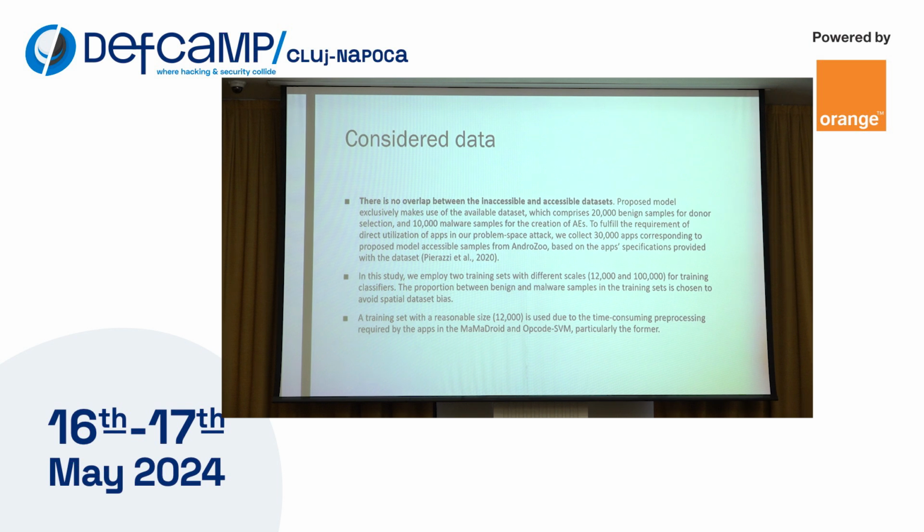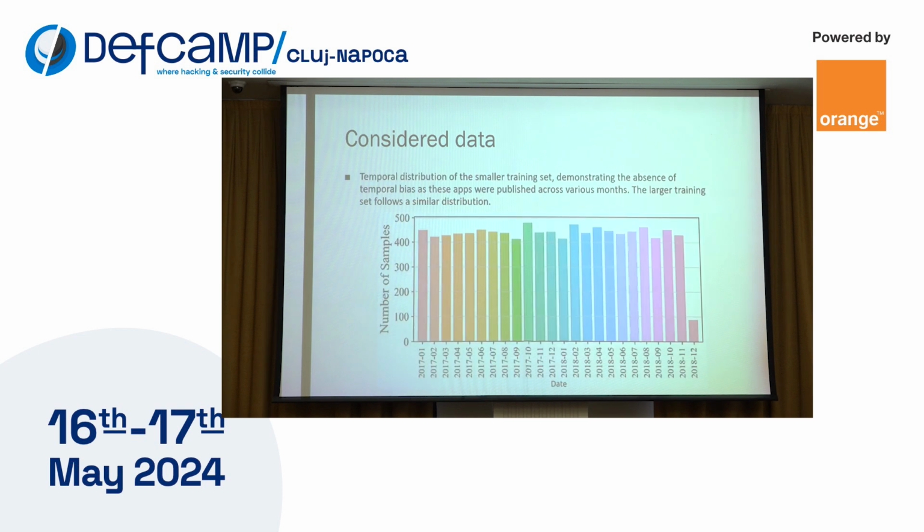A few remarks. There is no overlap between the inaccessible and accessible datasets. Semantically, we did our best to ensure that we lose no important semantics while classifying those as inaccessible. Another problem that we tried our best to overcome was the so-called temporal bias problem.